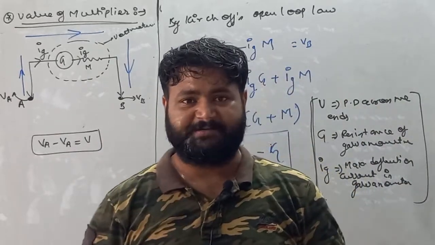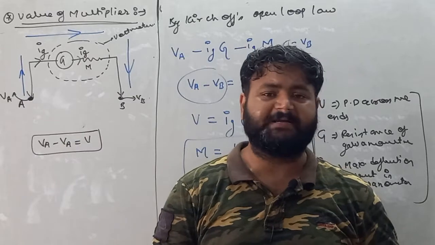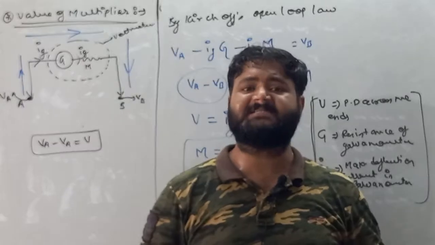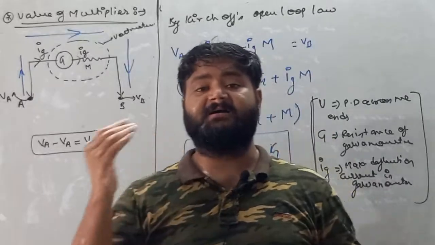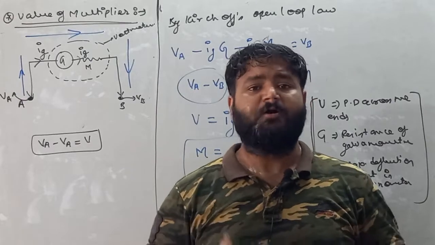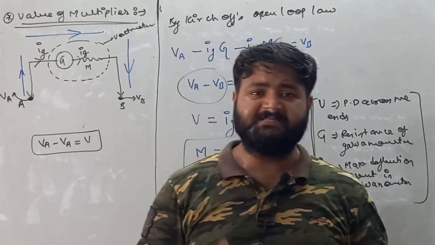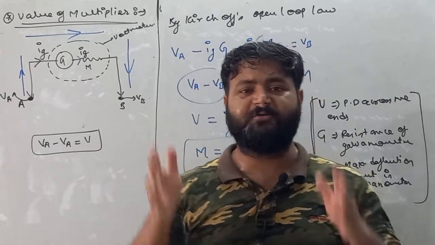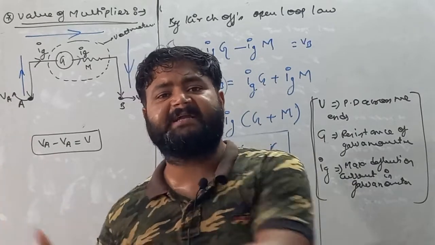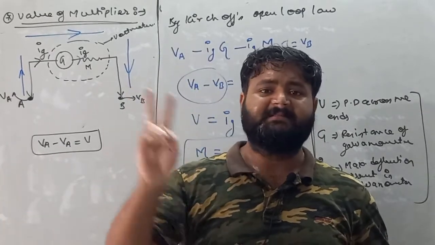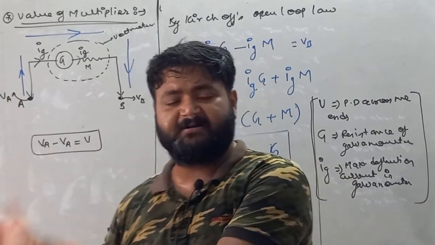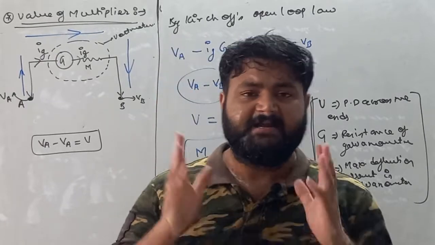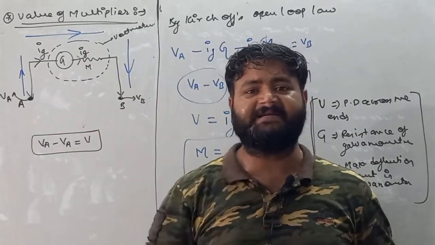Second thing about the voltmeter: it cannot find net potential for the whole circuit in a single attempt. With a voltmeter you can only find potential across a single circuit element. The process is very long, because you have to connect a voltmeter in parallel with every circuit element separately, and only then will you get the potential difference across every element.